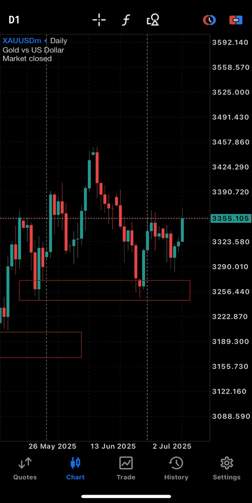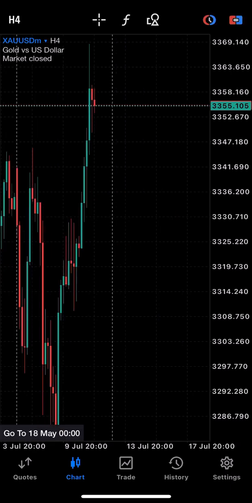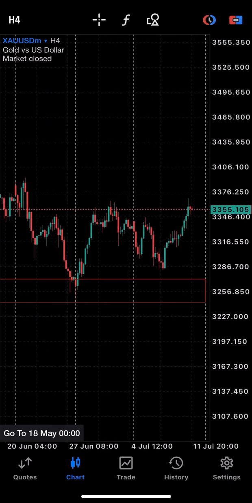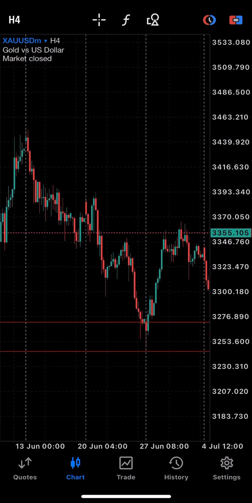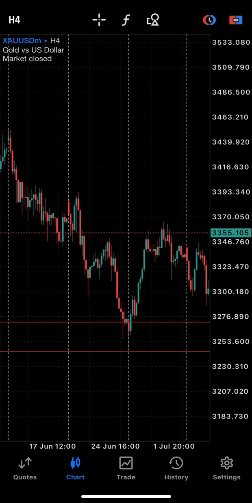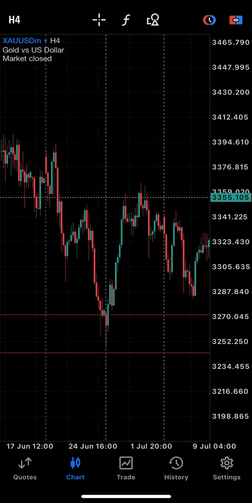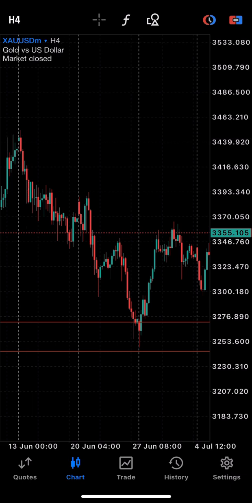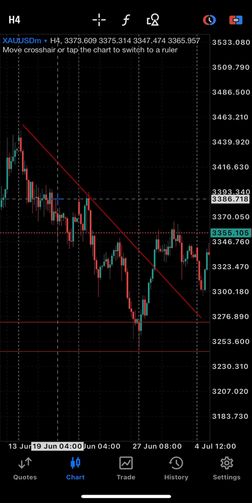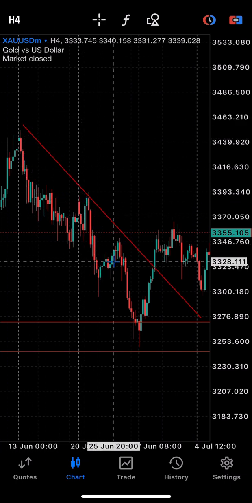All right, so let's go to our 4 hour time frame. If you switch down to the lower time frame, the market has been bearish here, dropping and going up and dropping here.